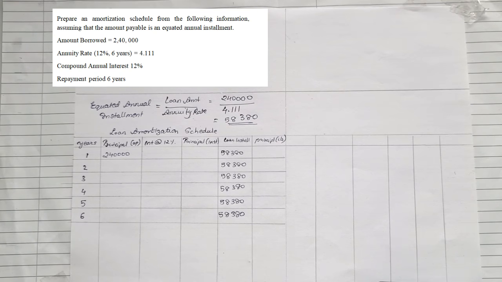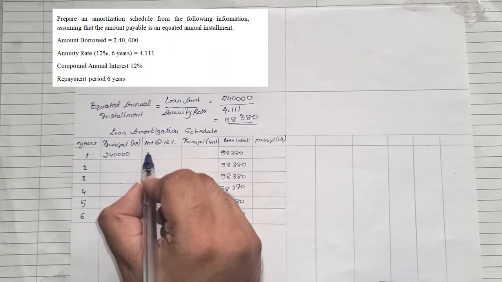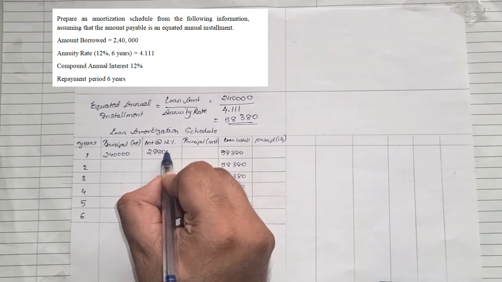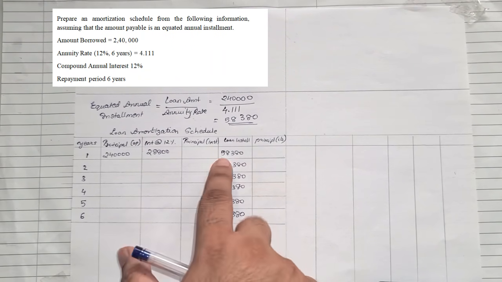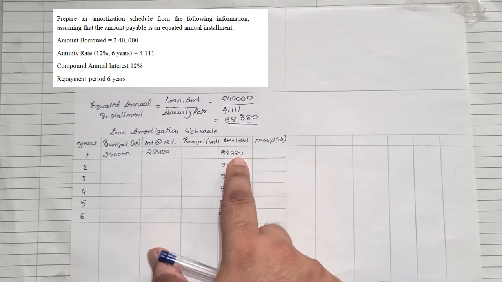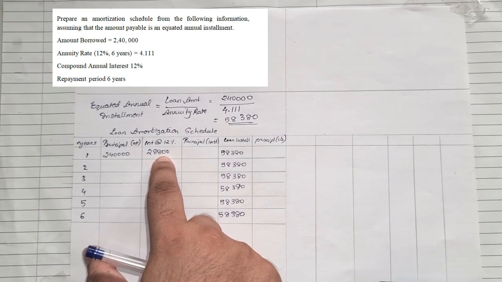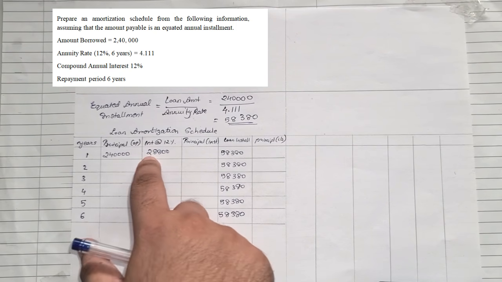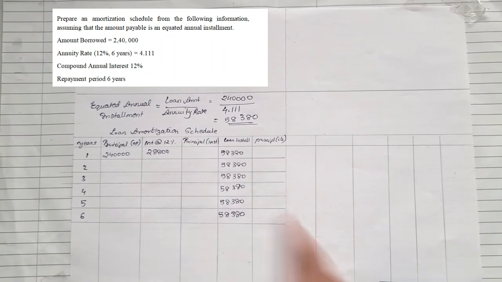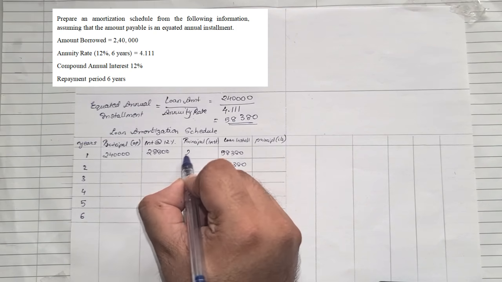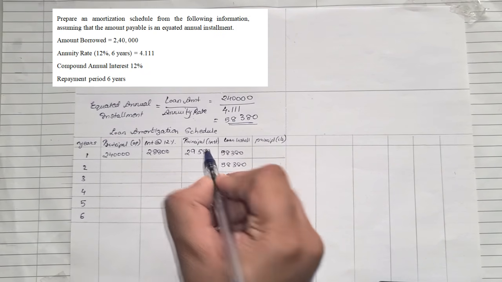So 2,40,000 into 12%, we'll get the interest. Always interest is on the opening balance, 28,800. Now you're paying an installment of 58,380, out of which 28,800 is the interest amount. So what will be the principal in this? We are subtracting it, so we get the value as 29,580.